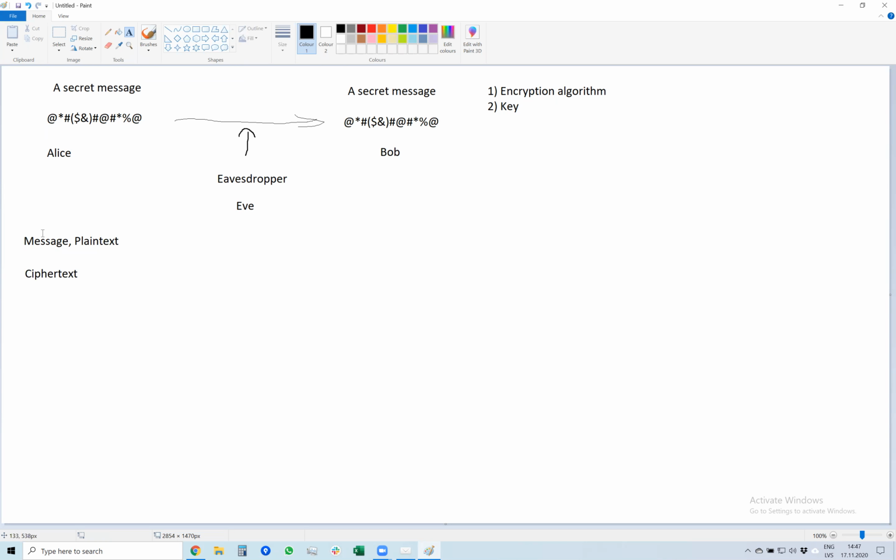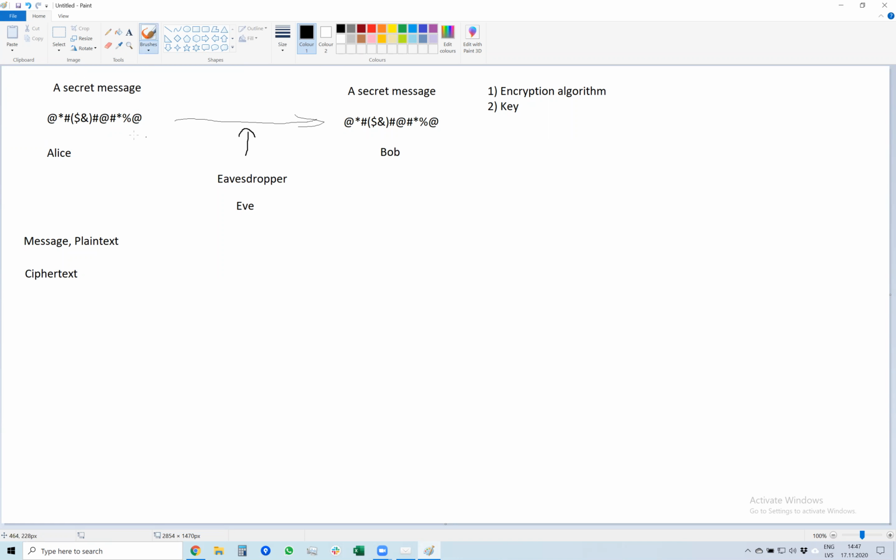So the problem is that if you run some statistics on these secret messages and some secret algorithms, oftentimes it turns out that you can find some linear transformation between the secret message and the ciphertext.